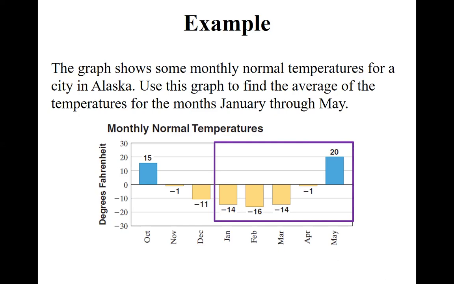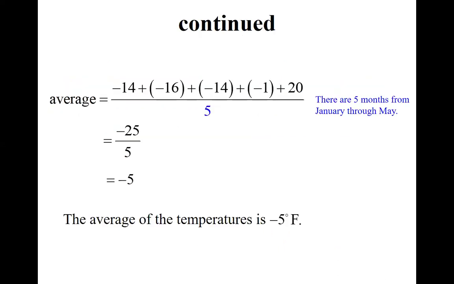-14 plus -16 plus -14 plus -1 plus 20. Divide by 5. -14 plus -16 is -30. Plus -14 would be -44.